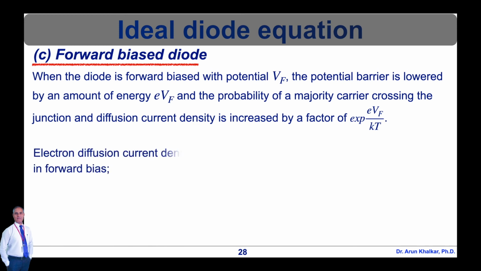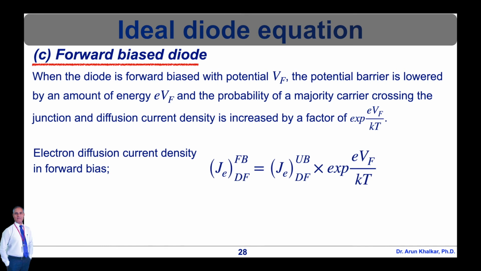Therefore, electron diffusion current density in forward bias, we can write J E df FB, FB stands for forward bias, is equal to J E df UB times exponential of eVF upon KT.